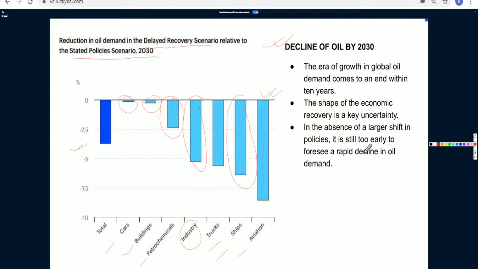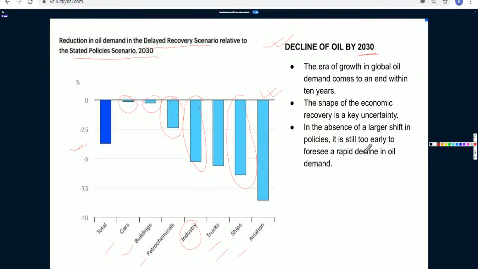Now if we talk about the decline of oil by the year 2030, we have talked about how this particular report takes into account the immediate next 10 years from 2020, from pandemic time till the achievement of sustainable development goals limit, till 2030.